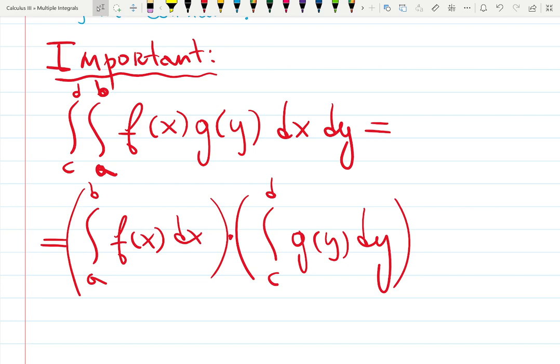Integration is not just area or volume below something. Integration is a fancy summation. If you do 2 plus 2 plus 2 plus 2, that's 2 times 4. But what if you do 2 plus 3 plus 0.7 plus 100? Integral will collect all of this. Integration was created for collection of different values.